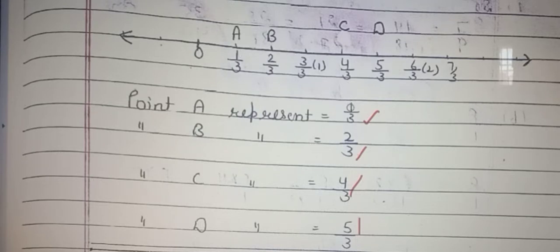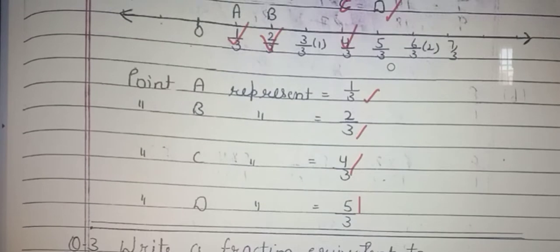Firstly, point A represents 1 upon 3. Point B represents 2 upon 3. And the next point to be represented on the number line is 4 upon 3, so we will write here point C. So point C represents 4 upon 3 and point D represents 5 upon 3. I hope it is clear to you.